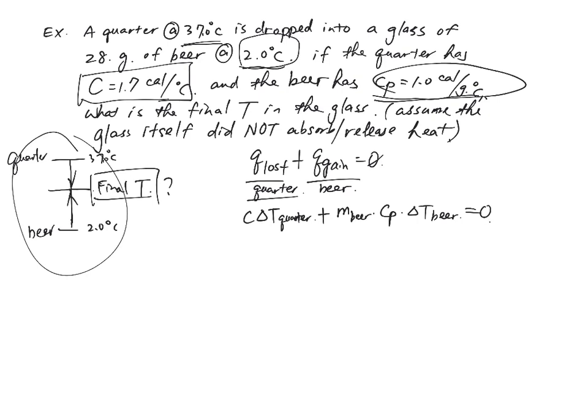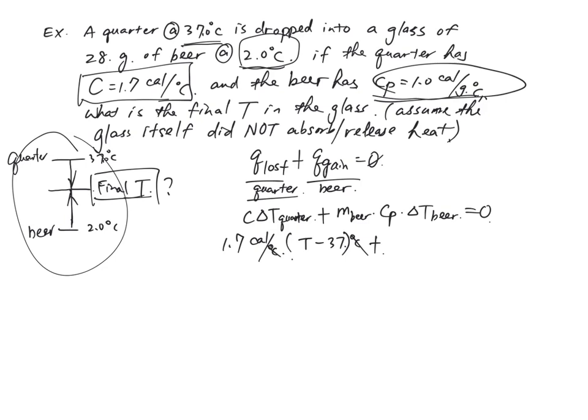Now let's start to plug stuff in. C is 1.7 calories per degree Celsius. Delta T is final temperature minus initial temperature. What's the initial temperature of the quarter? So, final temperature minus 37.0 degrees Celsius. Degrees Celsius cancel, and I get calories for the quarter.